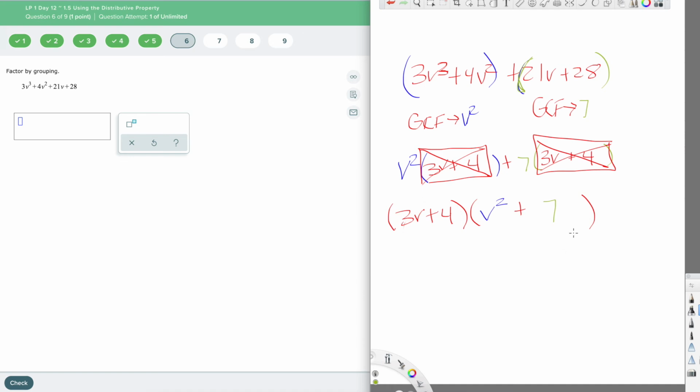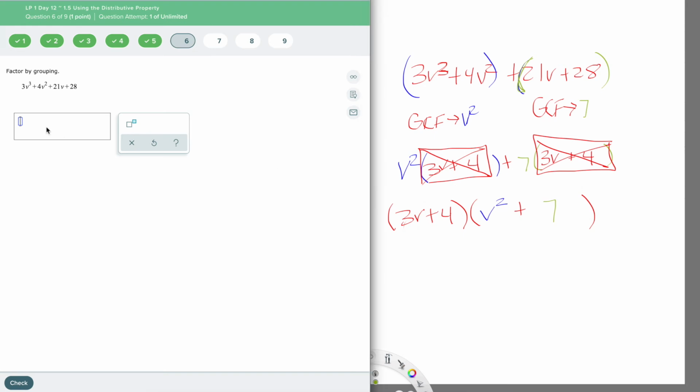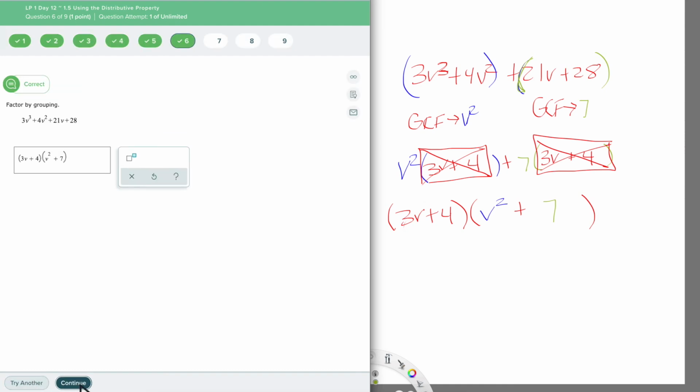So this is factored by grouping, and it's especially useful when we have 4 terms like that, where we can't factor normally like we would with a trinomial, or just a binomial where we're taking out just a number. V squared plus 7. Check. All right.